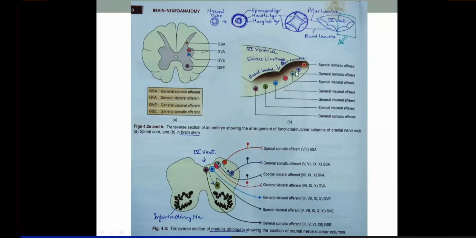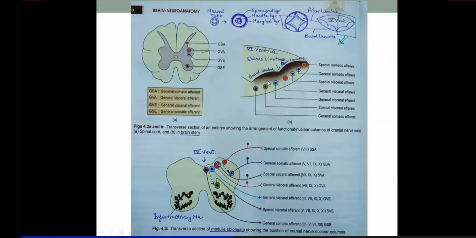So the additional functional column you see here, special visceral afferent, will be placed in between general visceral afferent and general somatic afferent. Its arc will be connected to the functional column lying between the two efferents present in the spinal cord. These two functional columns were there in the spinal cord, so in between, what will come here is special visceral efferent. So this arc is like this.